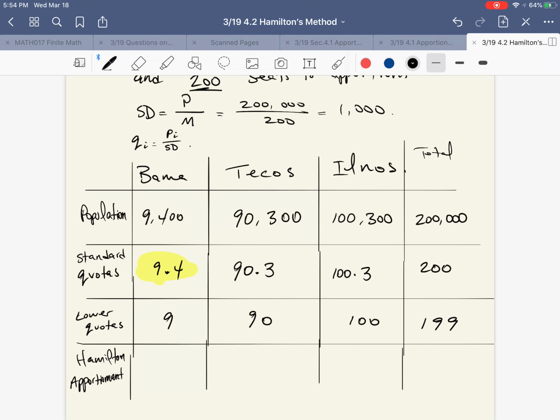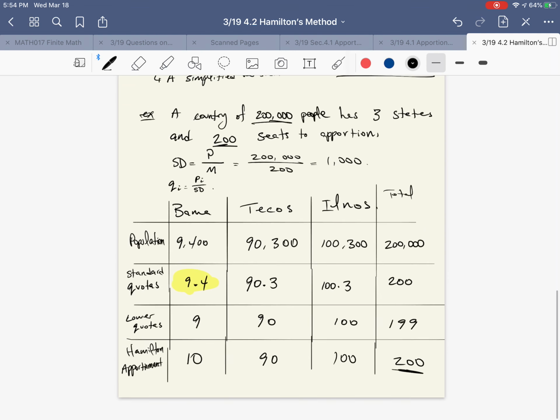So Bama gets an extra representative, and none of the others do. So 10, 90, 100, and that adds up to 200, and we're good.